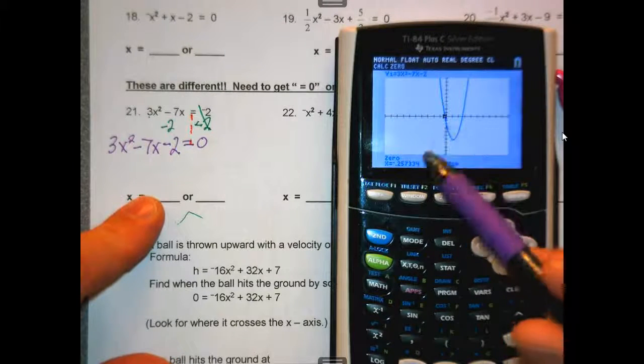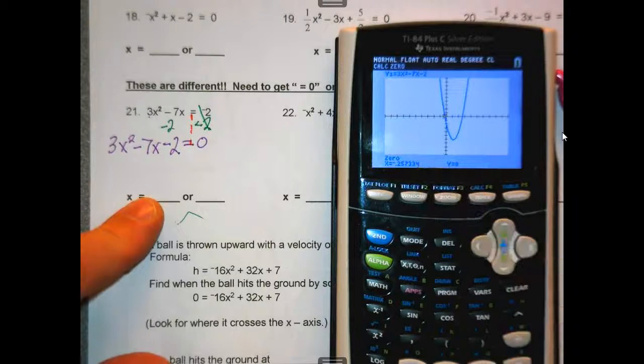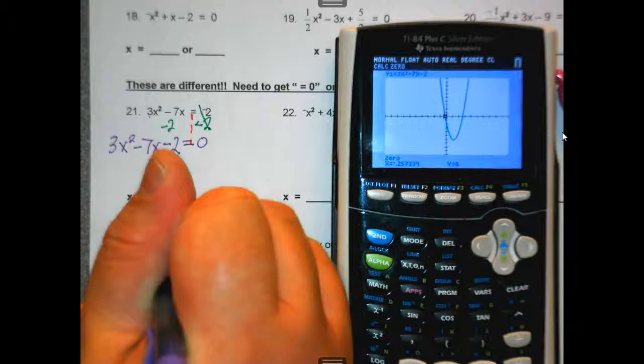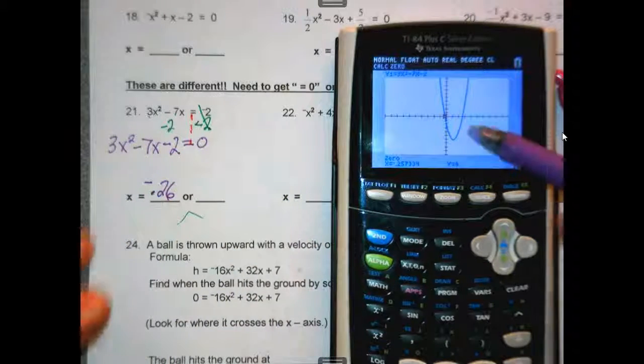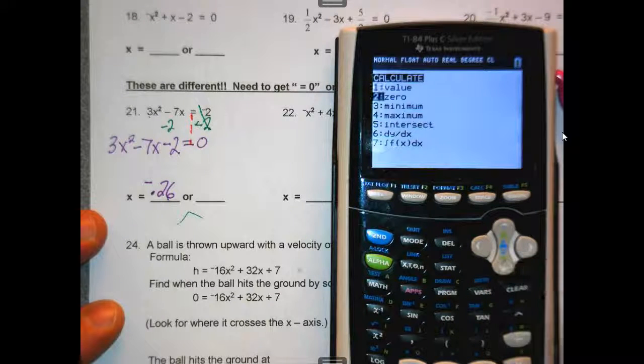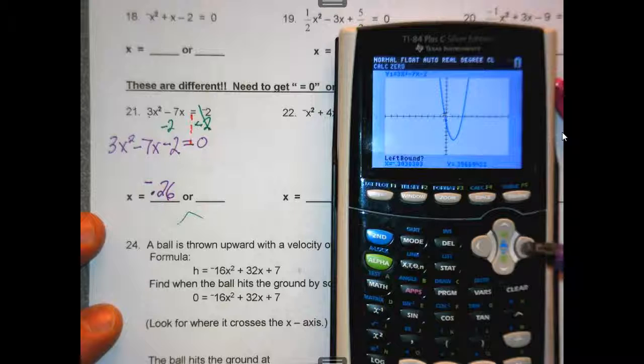I get negative 0.26. We have to find this other intercept, so I'm going to do this again. Second trace, 0. Move the cursor a little closer. I'm to the left of there, hit enter. Get to the right of there, enter, then enter again. And I get positive 2.6.